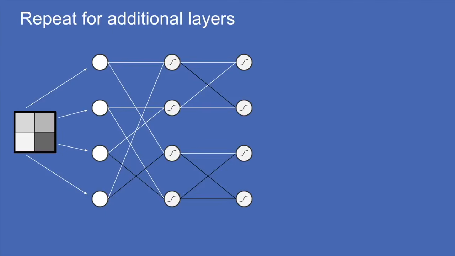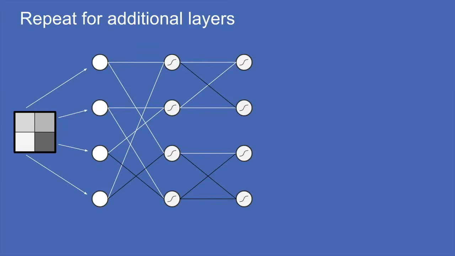Now, because we were careful of how we created that first layer, its values look a lot like input values. And we can turn right around and create another layer on top of it the exact same way, with the output of one layer being the input to the next layer.